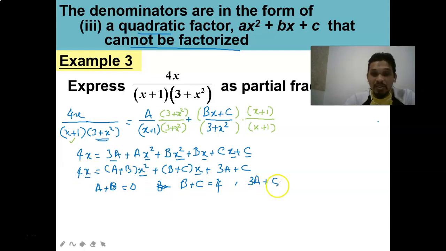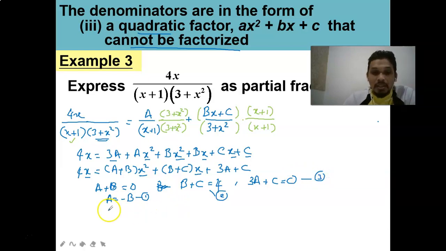No. So 3A + C equals 0. Now look at these: the first equation A + B, then B + C, and 3A + C. I'm going to make an adjustment by making A equal to negative B and substitute. This is equation 1, equation 2, and equation 3.